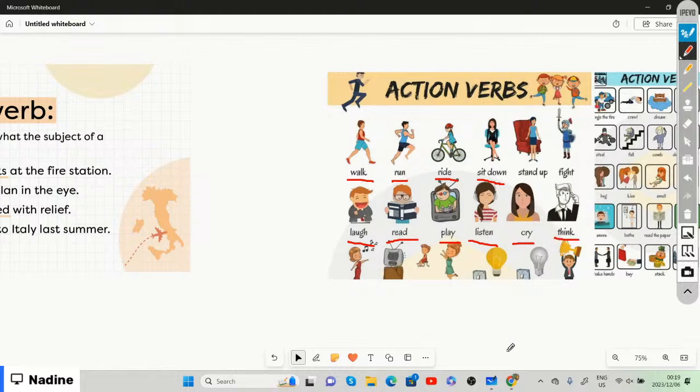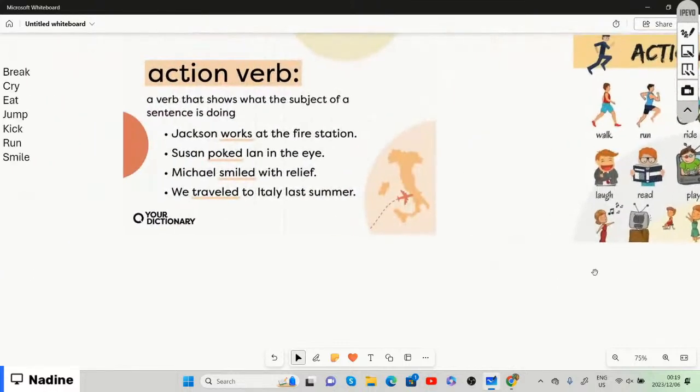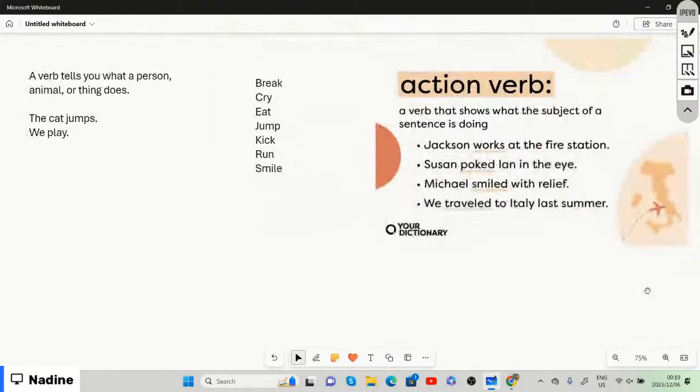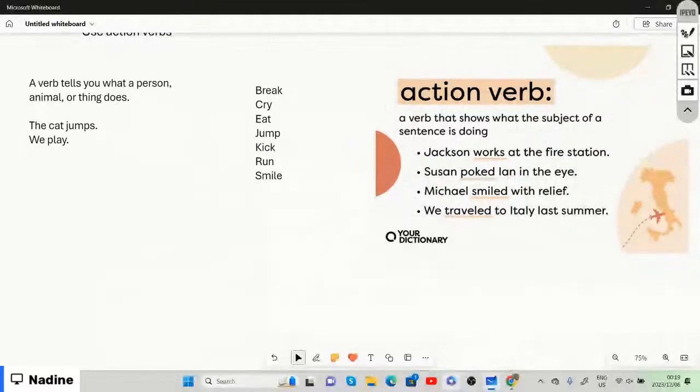Yes, thinking is also an action that you're doing. Once again, a verb tells you what a person, an animal, or thing does, and we made a few good examples of actions that can be done.